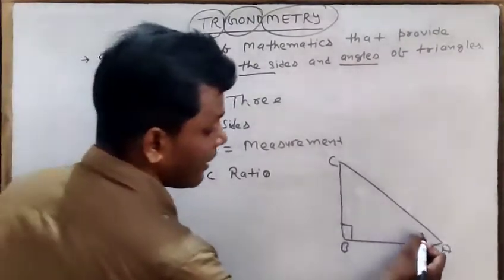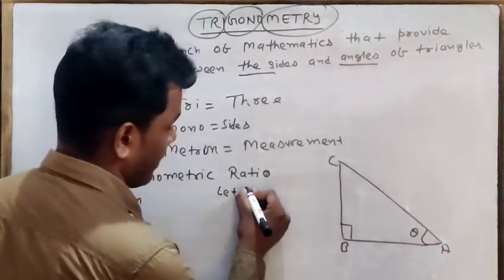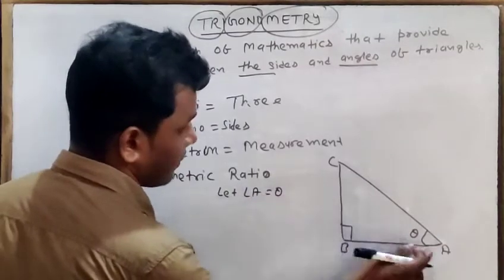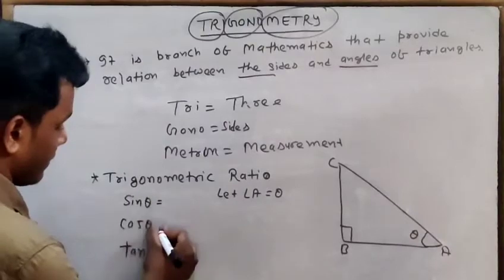Let angle A be equal to theta. Sin theta, cos theta, tan theta.